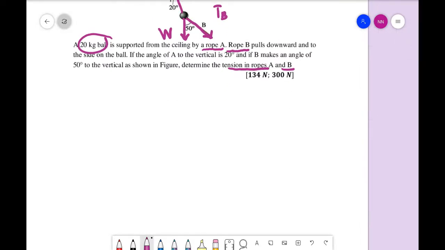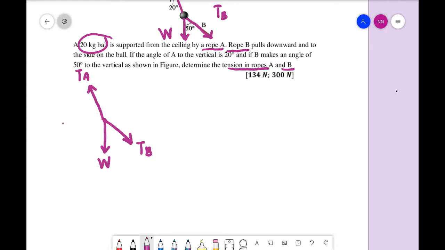For the free body diagram, this ball has weight downward, and then it has TB because it is pulled by rope B, and it has TA because it's also pulled by rope A.